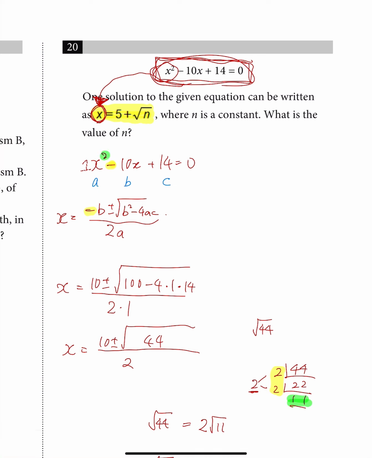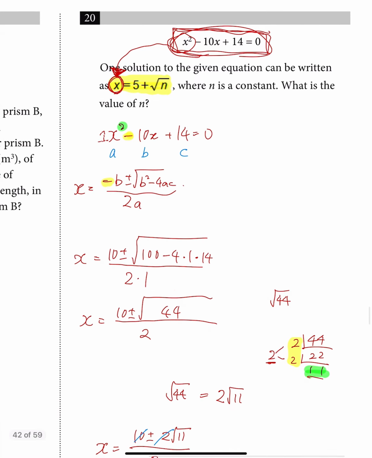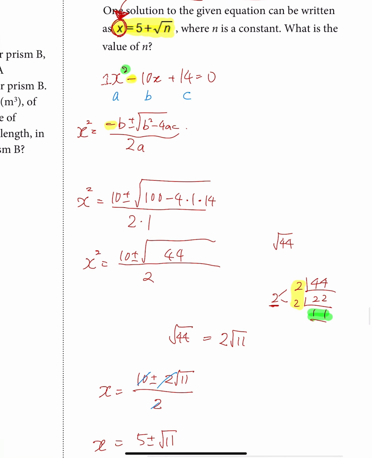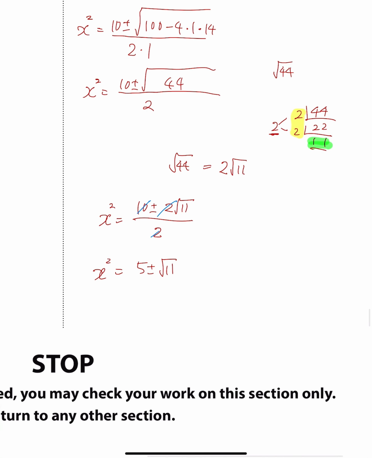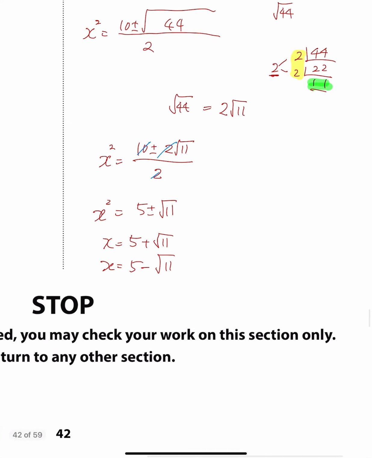This means that you will have 2 solutions at the end. Sorry, I forgot to write that, but you'll have 2 right here. The reason I put this plus and negative is that these will be each solution, either the first x is positive or the second x is negative. So these are our solutions for x.